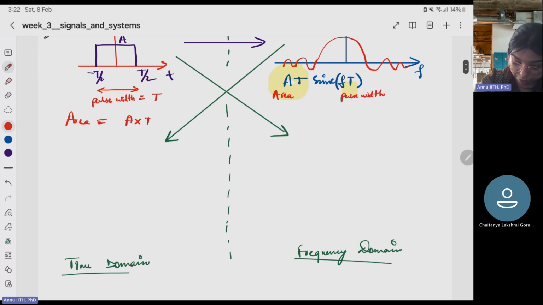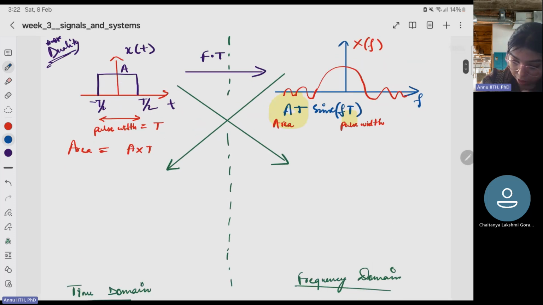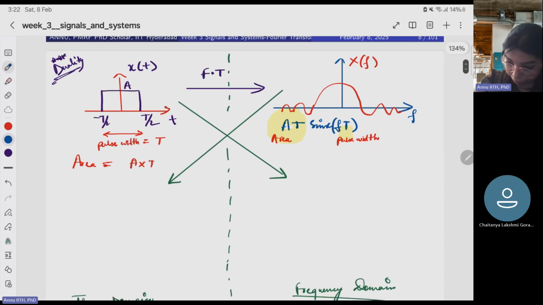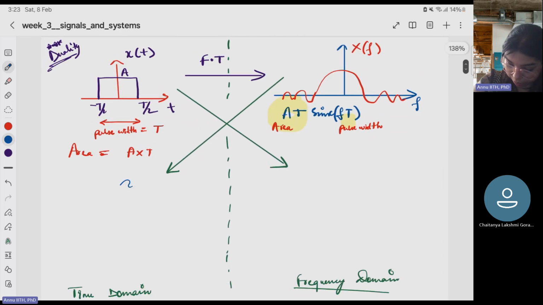Okay, moving on to another color. So this is duality, what it says is this. If you do this with the same sign, this is capital, but in the time domain it is capital again.